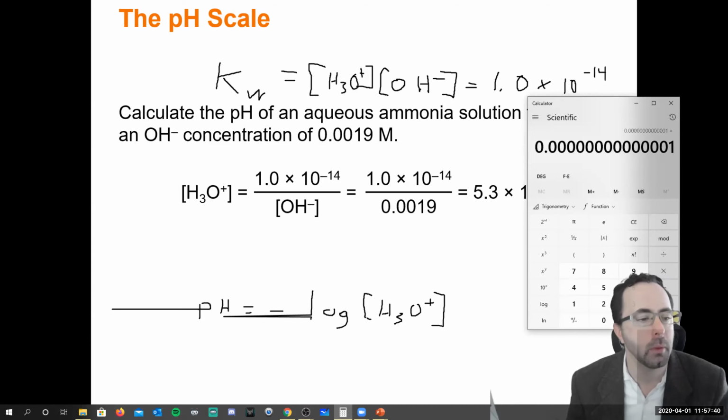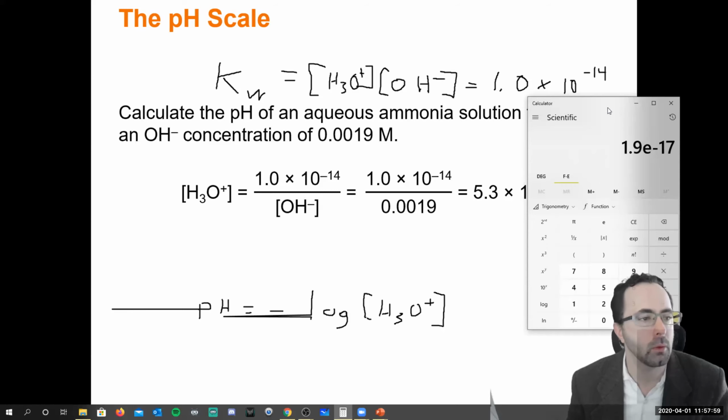I'm going to divide by 0.0019. And I get this number. This computer calculator is kind of nice because it can write as many zeros as it wants to. However, I want to show this in scientific notation.